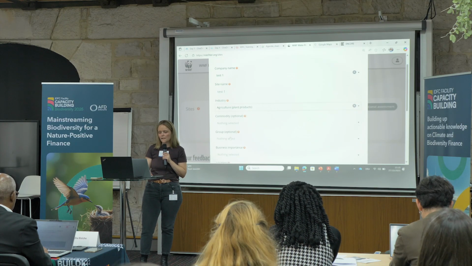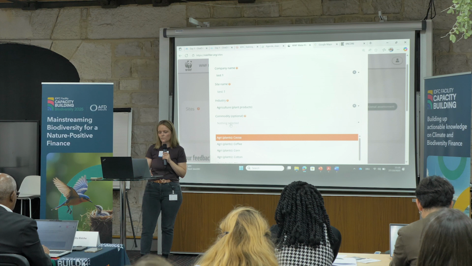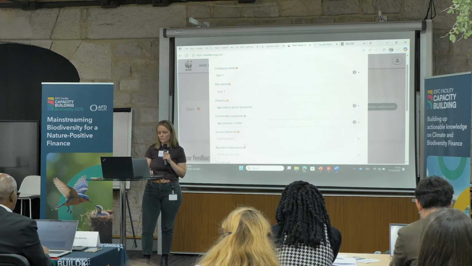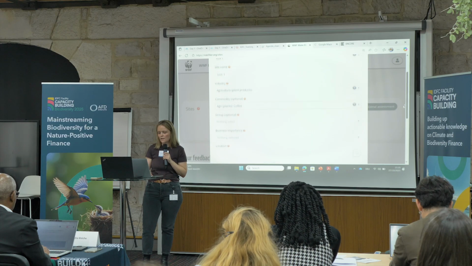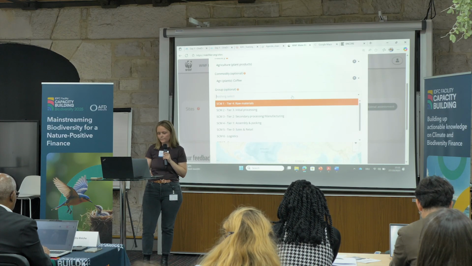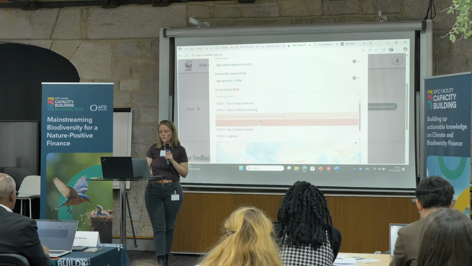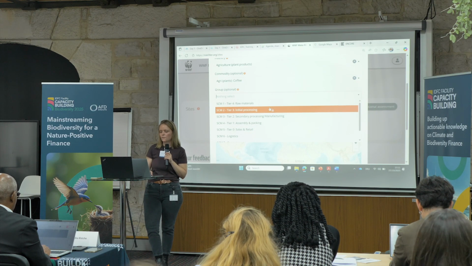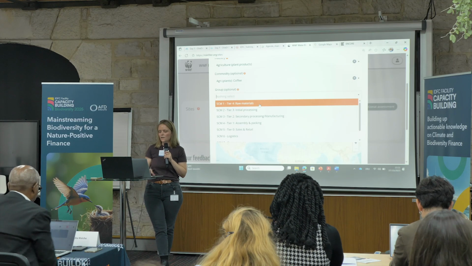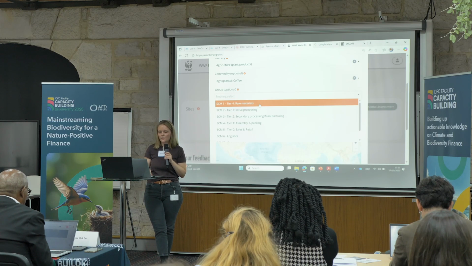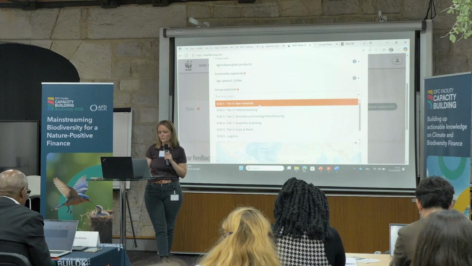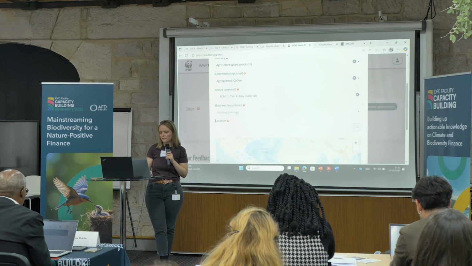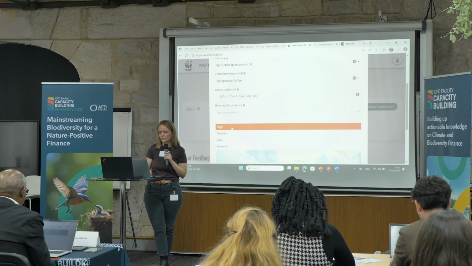Only for agriculture you can also put in a commodity. For example, if it's about coffee production, you can put in coffee. Then group is optional. For example, this is along the value chain. If it's a coffee bean farm, you can put the first step of the value chain, the raw materials, and then business importance, which here for example is high.